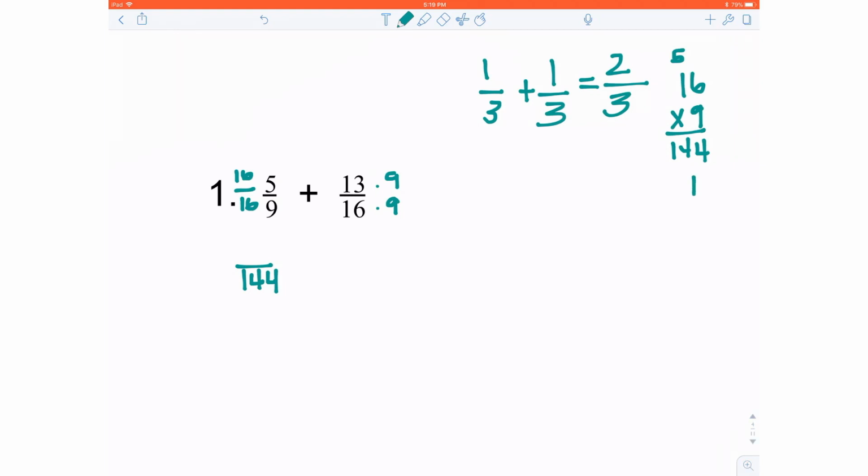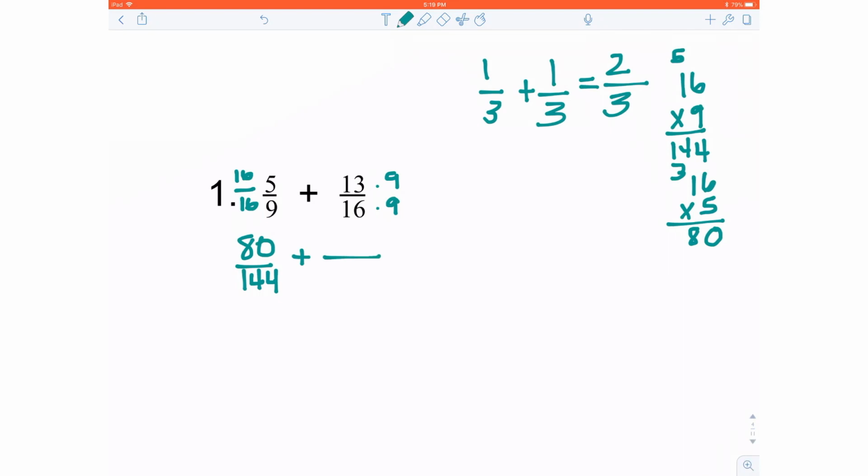Sixteen times 5, 5 times 6 is 30. We put the 0, we carry the 3. 5 times 1 is 5, plus 3 is 8. So we end up with 80 over 144.